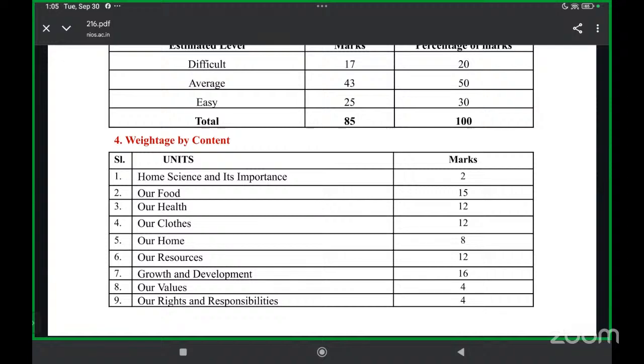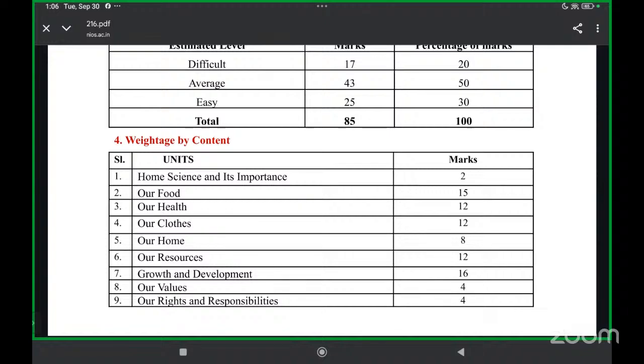Food 15 marks, and growth and development 16 marks questions are going to come. And for home science and its importance, only a 2 mark question will come from that unit, so you don't have to do it in too much depth. So this is your weightage by content.